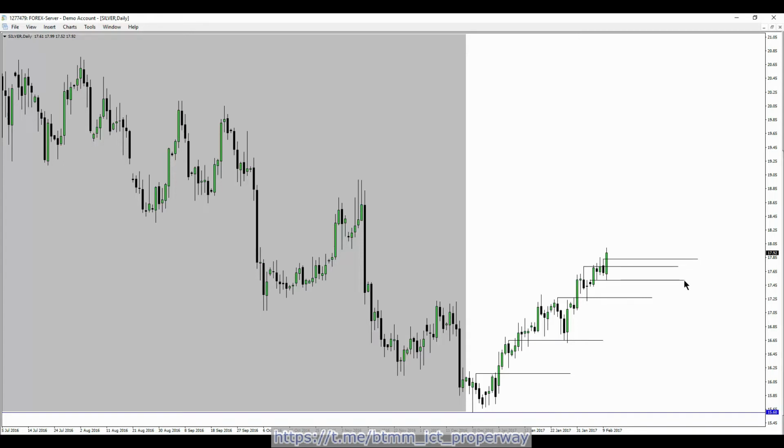And we also have to note the openings of the candles. Okay, anything more I think would be overkill.